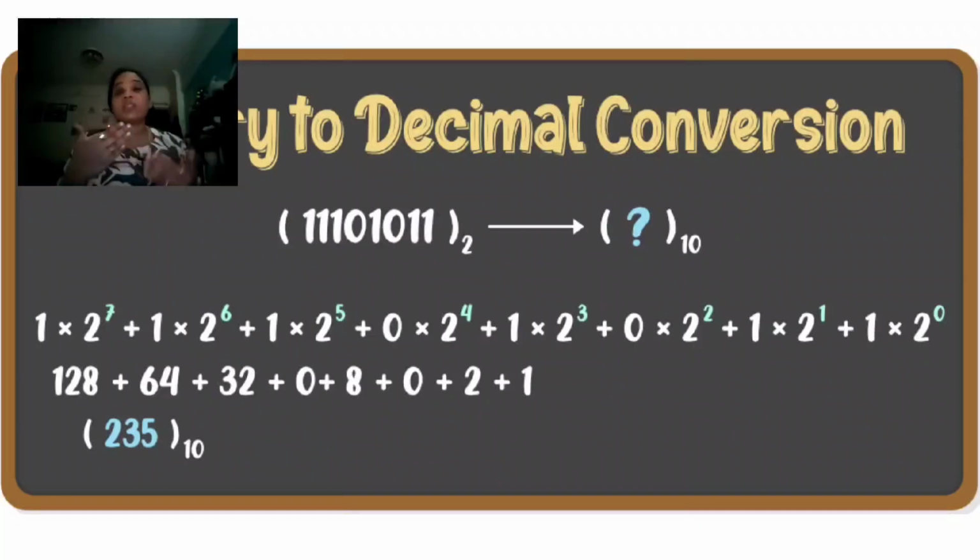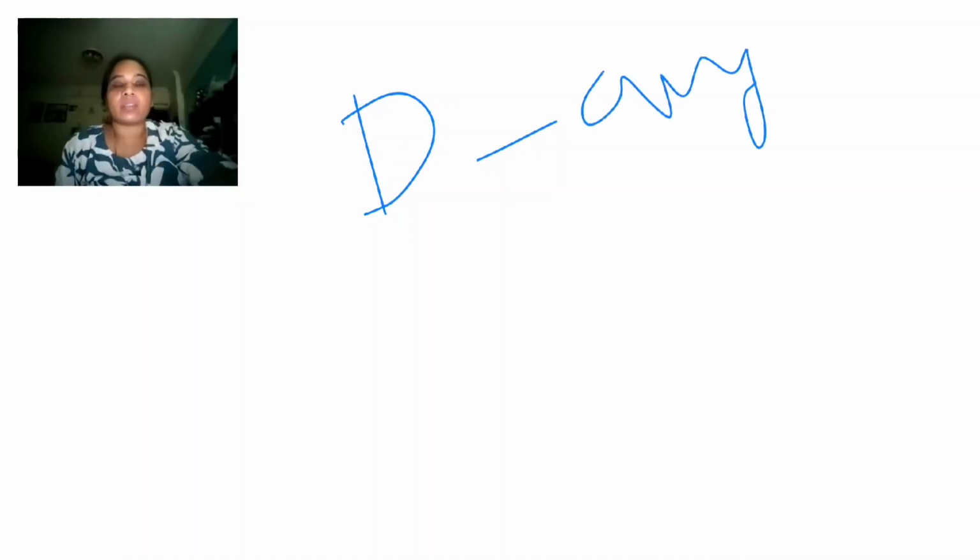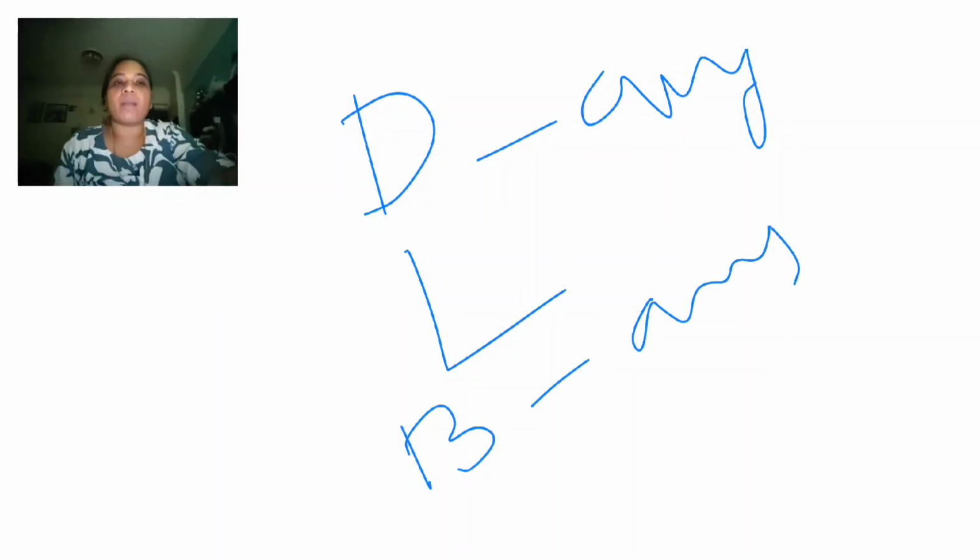For decimal to any other number system conversion, we should apply this divide method. Now, binary to any other number system, we apply this multiplication method.